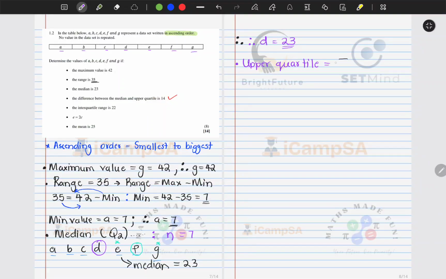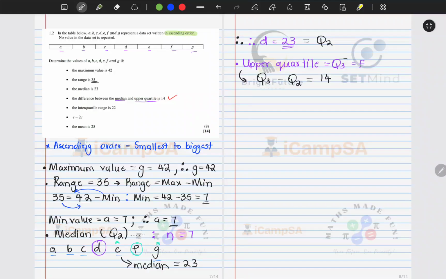The difference between the median and the upper quartile is 14. So what does this mean? It means that if we take Q3 minus the median, remember, which is Q2, guys, so this one here is Q2, so minus Q2, we are told that this will be 14.